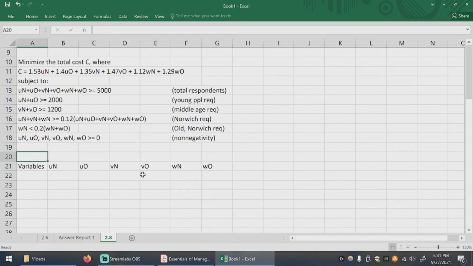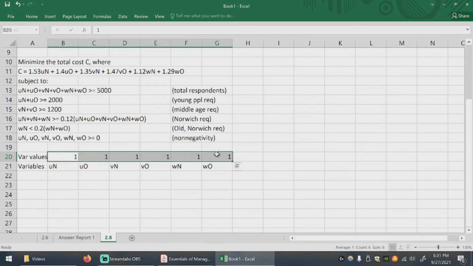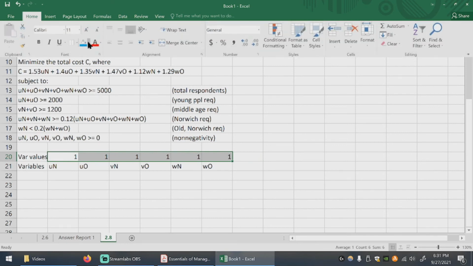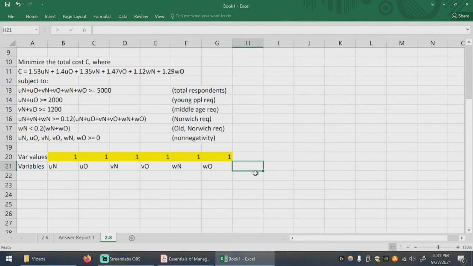Then I will have the values here, variable values. Don't know what they're going to be. I will make them all 1, simply to check if the formulas work.